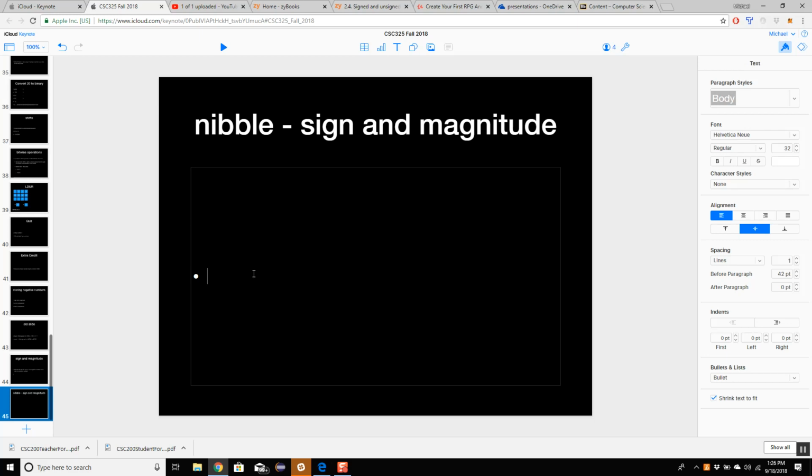Nibbles are 4 bits. So a 4-bit number can be 0000, 0001, 0010, 0011, 0100, 0101, 0110, 0111, 1000. You know what? Just for sanity's sake, we're going to do the 3 bits. We're going to say that's good enough.